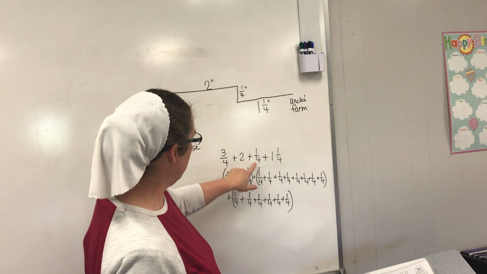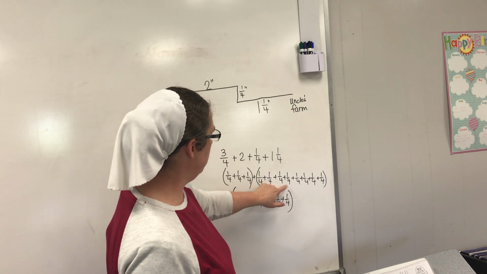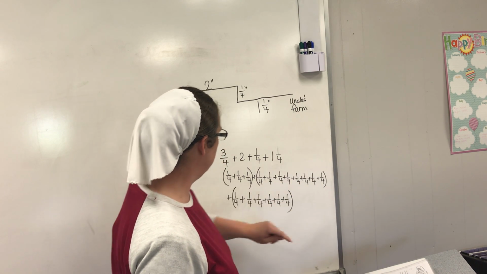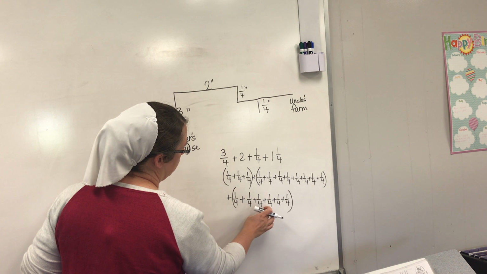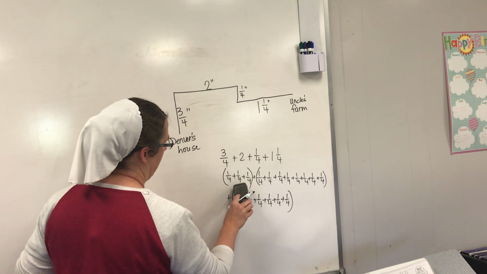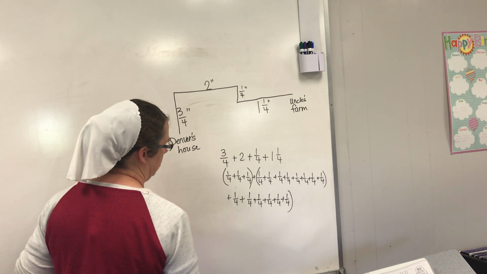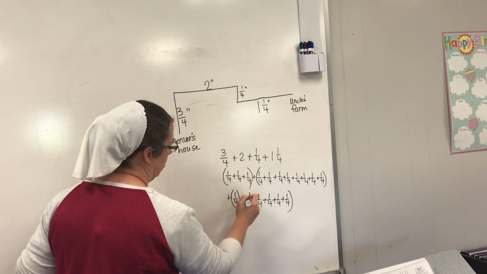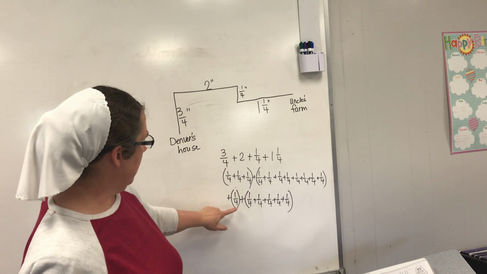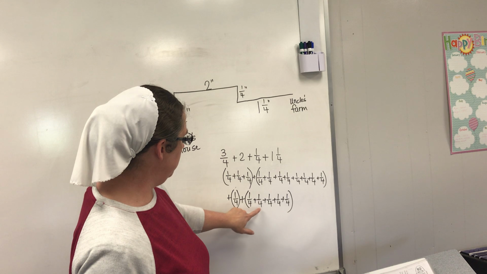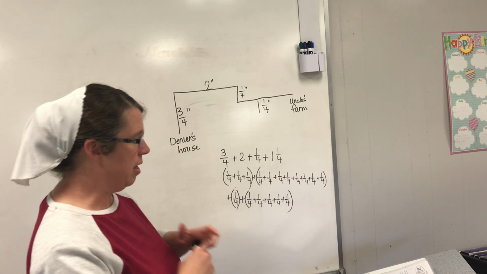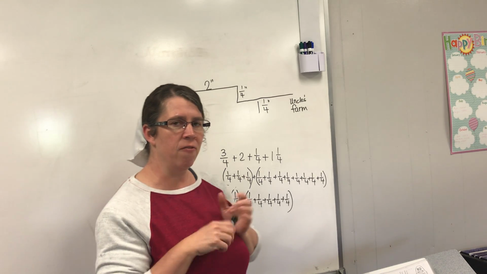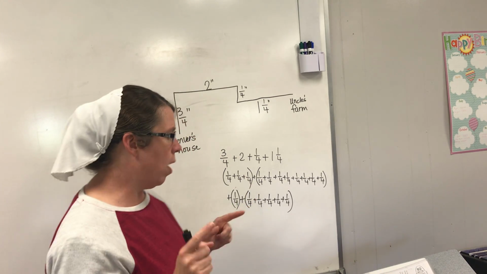I think I skipped that one. 1, 2, 3, 4, 5, 6, 7, 8. Oh no, I added him. Should be like this. That took care of that, and we've got 1, 2, 3, 4. That's 1 and 1/4.